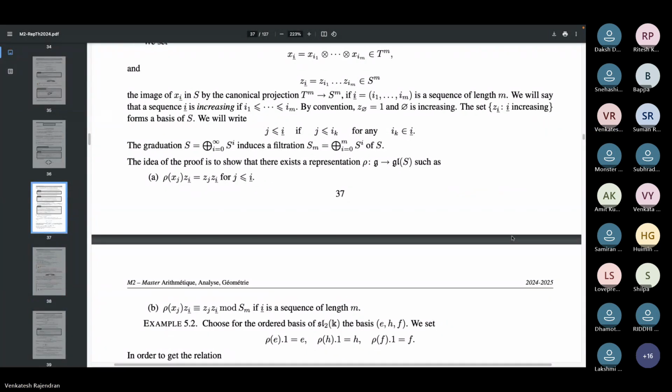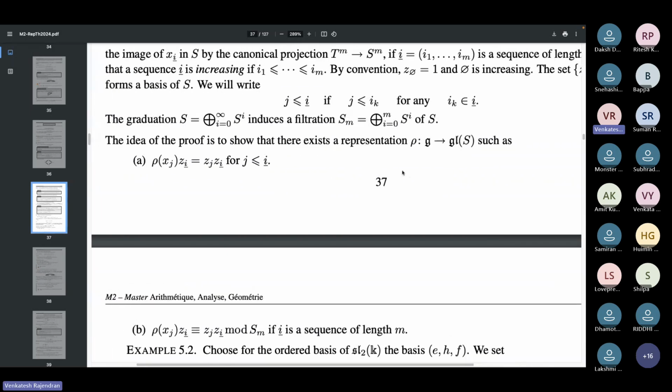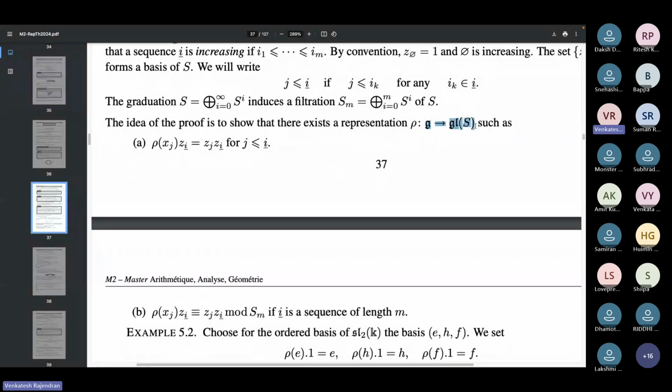So the idea of the proof is constructing this representation from G to GL of SG. You take the element xj, which is a basis element of G, and when z is an increasing monomial, you simply multiply on the left by zj.